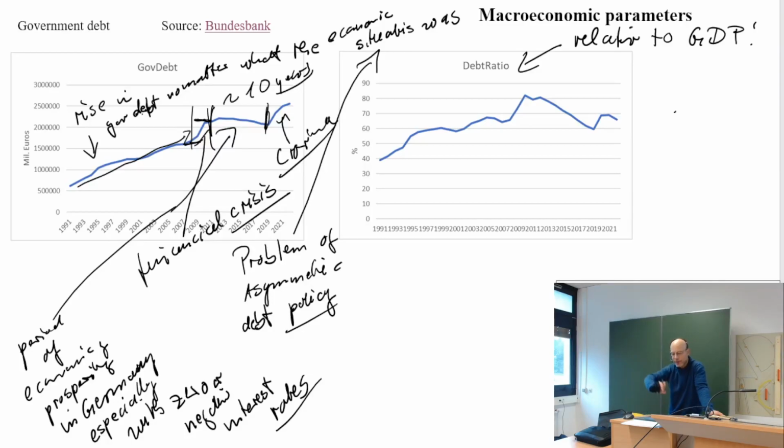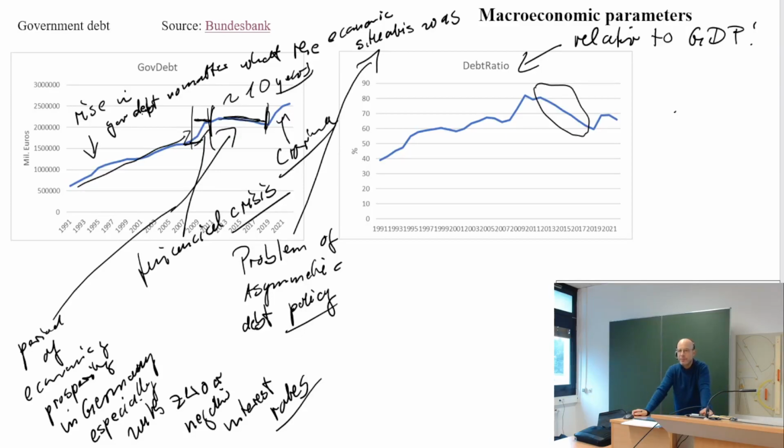And if we translate this into relative numbers with respect to GDP, then we have here the decrease of the government debt ratio, because here we are more or less constant or even decreased the absolute value.